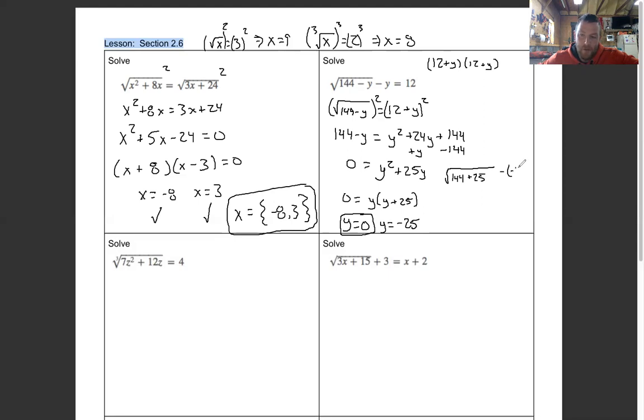Minus a negative 25 would be another plus 25 is equal to 12. That would be 169. The square root of 169 is 13. Plus 25, does that equal 12? No. So this one does not work, and your answer is just y is equal to 0. So that's why it's important to check there at the end.